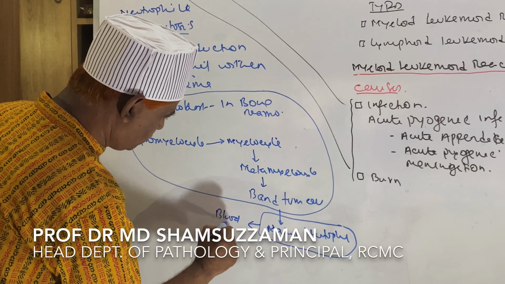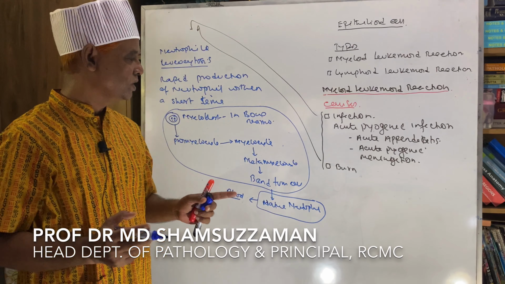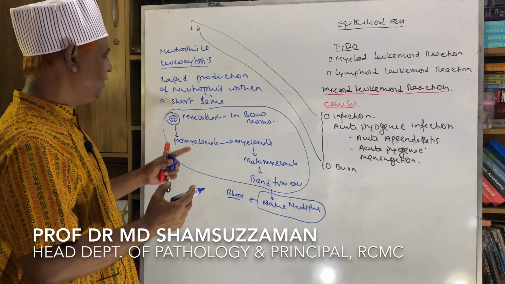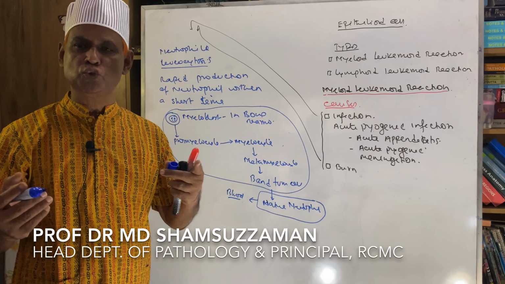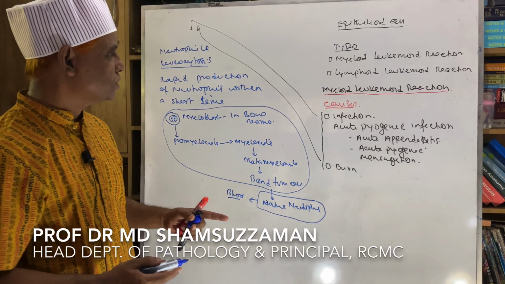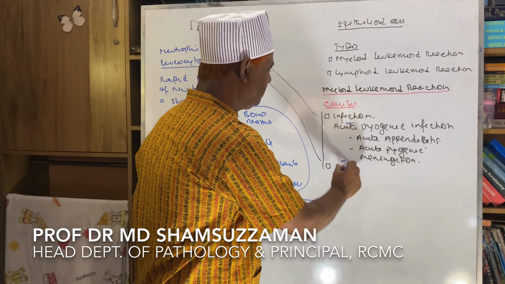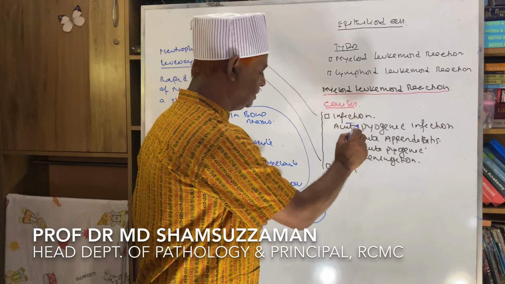If bone marrow is stimulated for overproduction of neutrophils within a short time, in acute infection or in burn, then along with the massive neutrophils, some immature cells like band form cell, metamyelocyte, myelocyte, promyelocyte, and myeloblast may come in blood.